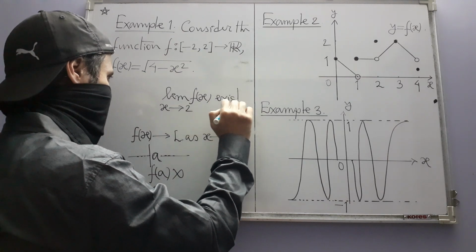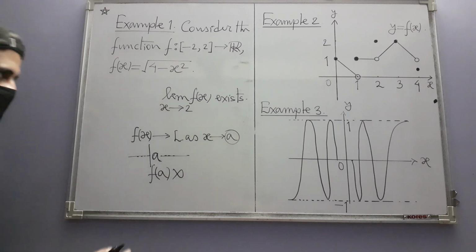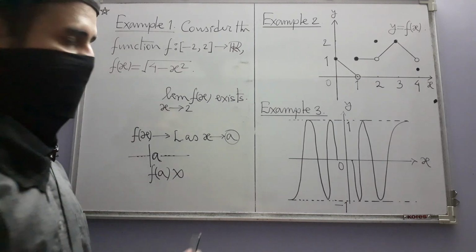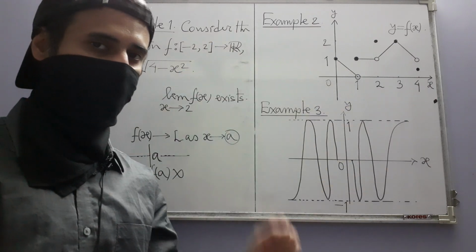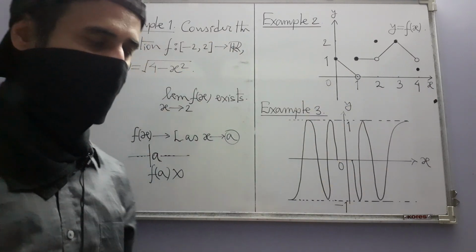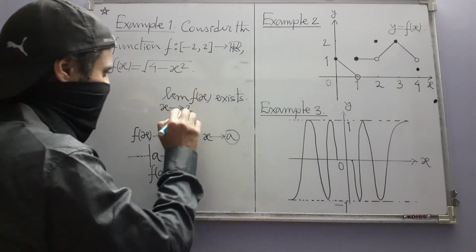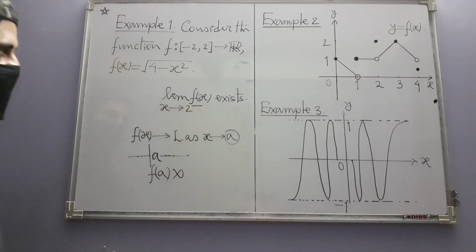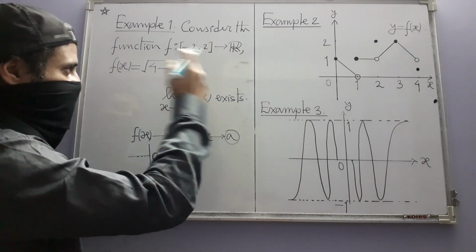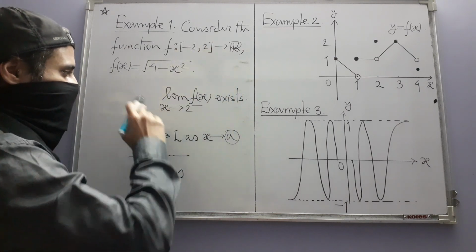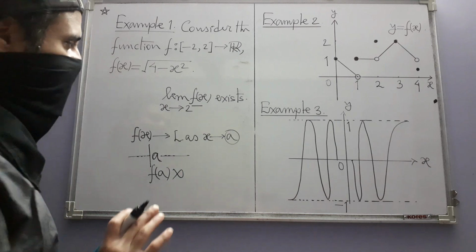I mean, you can ask, of course, but it does not exist. That's because on the right side of 2 there is no input. So you can only talk about this one-sided limit, because only inputs which lie to the left of 2 are available.